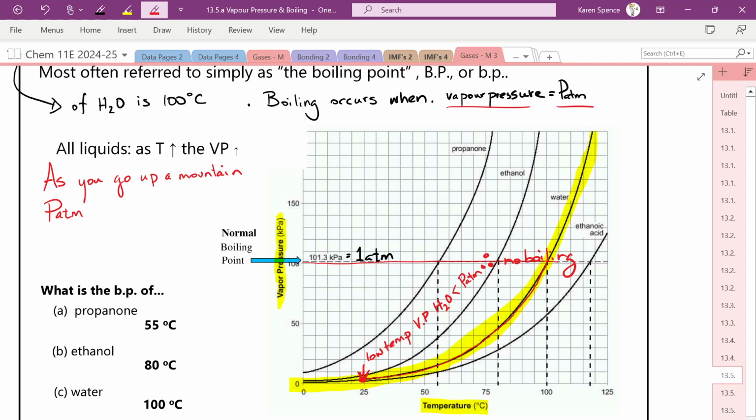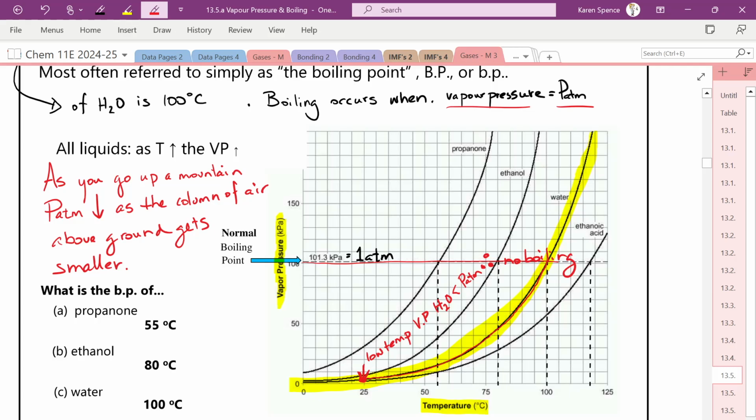So as you go up a mountain, that column of air becomes smaller. Okay? So the atmospheric pressure decreases as the column of air above the ground gets smaller.